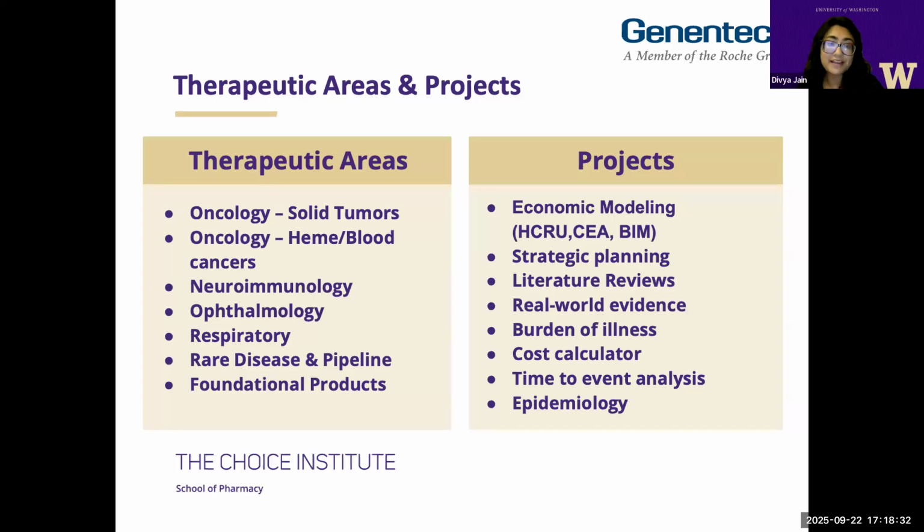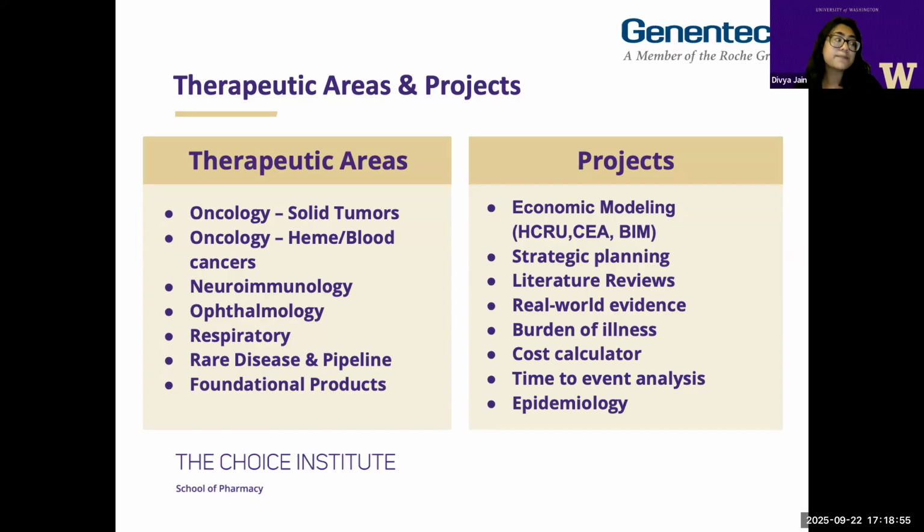The therapeutic areas span the entire pipeline, so you have the opportunity to work on products that are still in clinical trials, but then you also have the opportunity to work on products that are close to launch as well as post-launch. So far, projects I've been involved with have been study plans for treatment pattern studies, literature reviews, and other types of supportive projects.